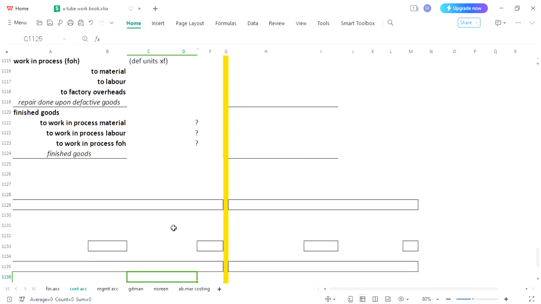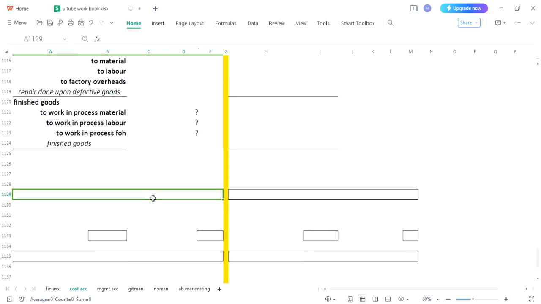Just like in spoiled goods, first you will make a ledger for work in process material.